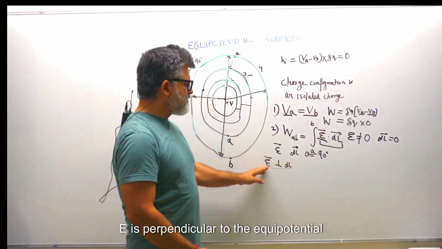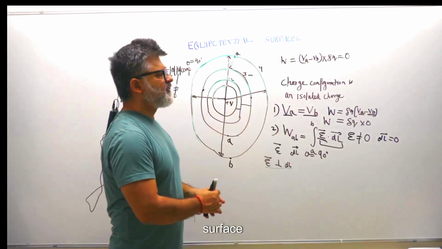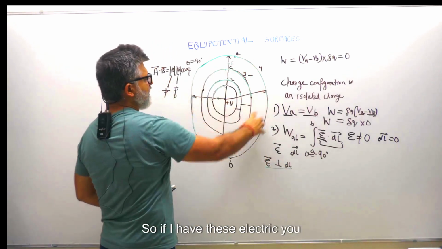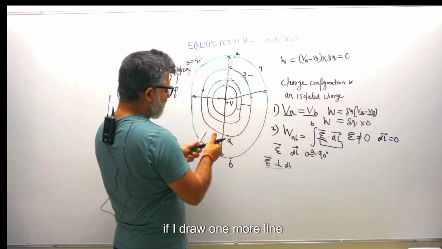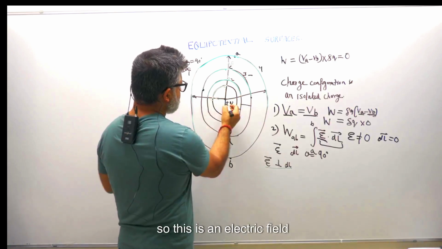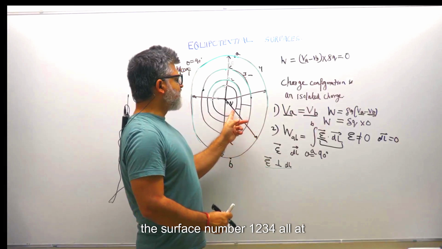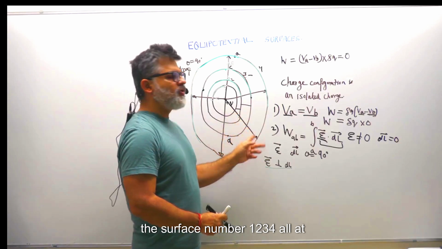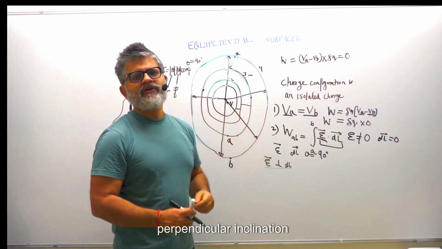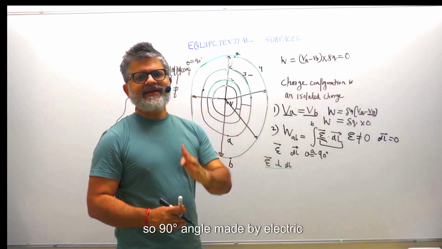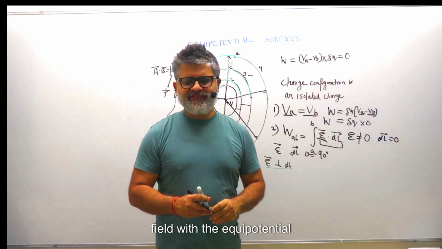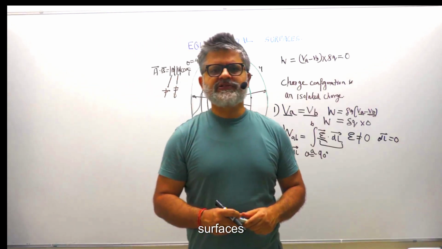E is perpendicular to the equipotential surface. So if I draw one more line, this is an electric field. Now the electric field is meeting surfaces 1, 2, 3, 4, all at perpendicular inclination. So a 90-degree angle is made by the electric field with the equipotential surfaces.